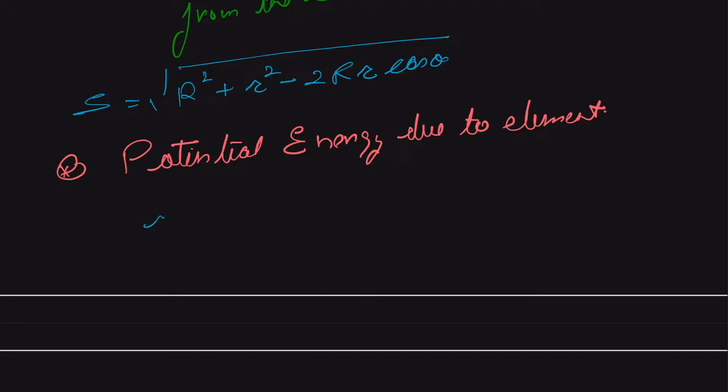Therefore, its potential energy dU will be equal to 1 upon 4 pi epsilon naught times q dq over the distance.